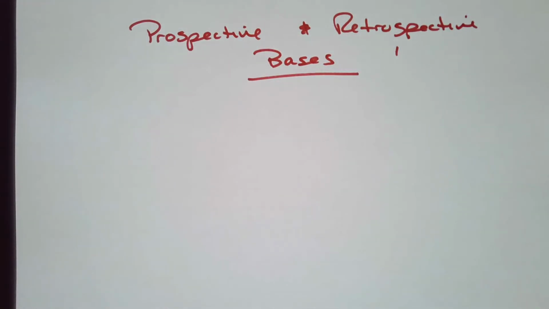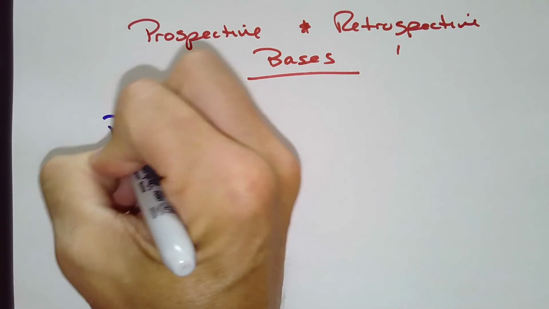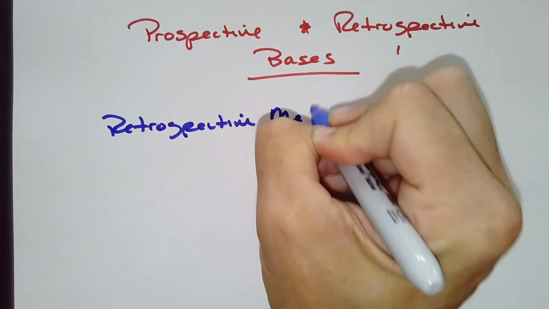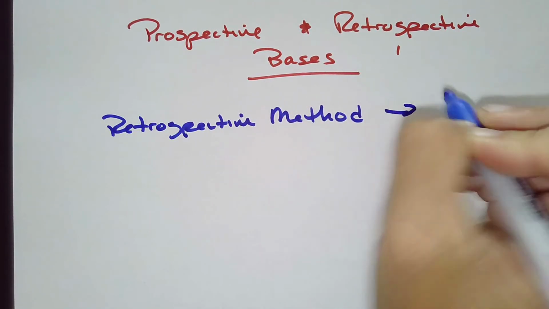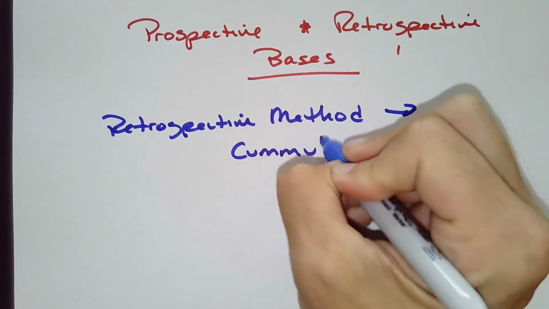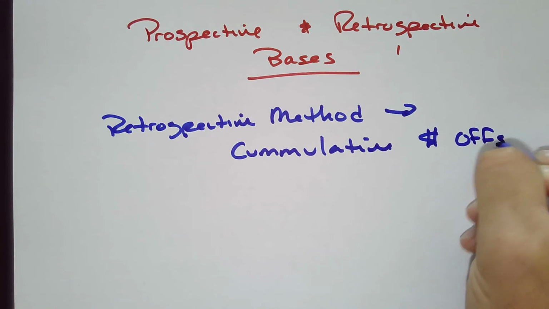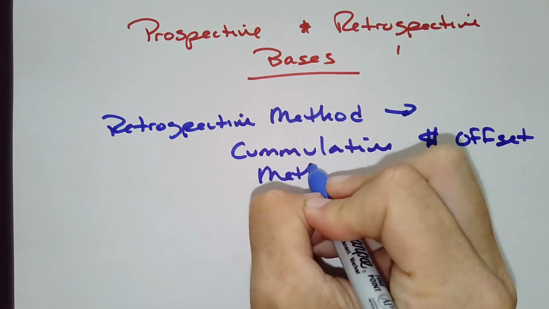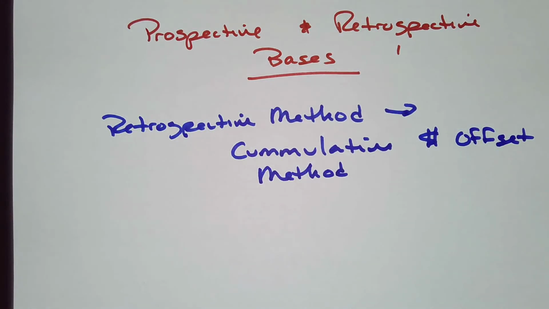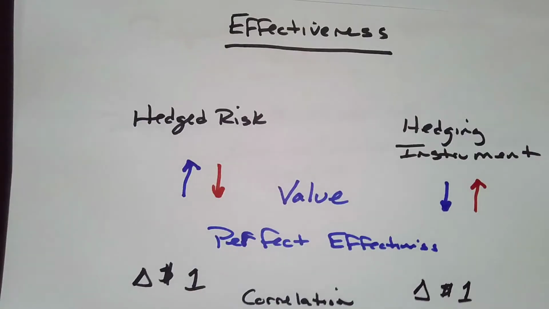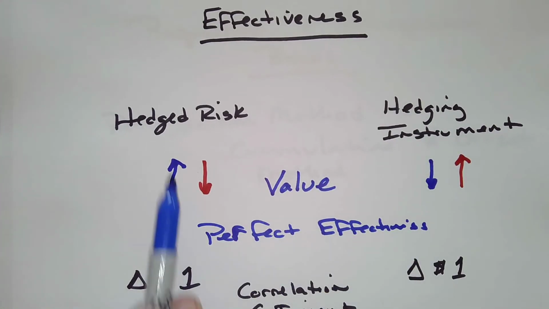So the retrospective method is called the cumulative dollar offset. Okay? Used across a large number of organizations. So for a retrospective method, the cumulative dollar offset, we look at how much the hedging instrument offset the change in the hedged risk.